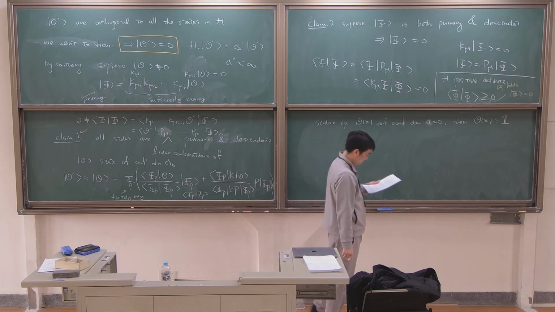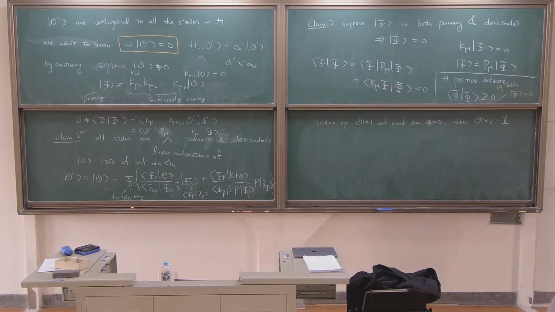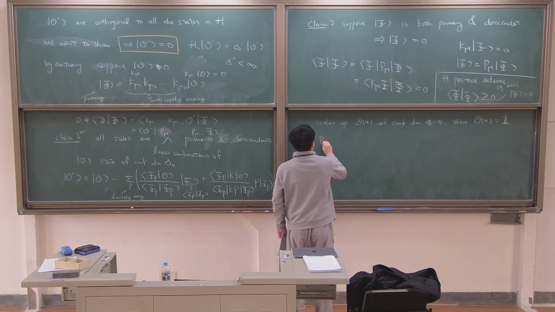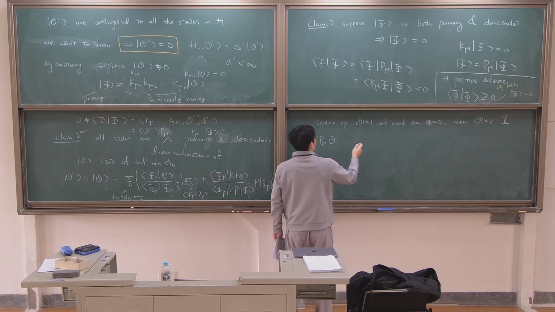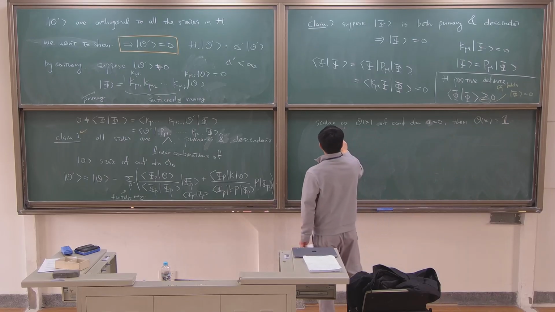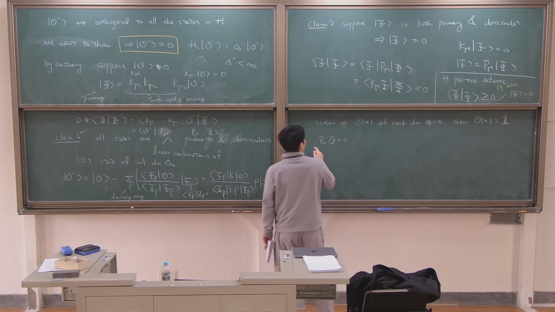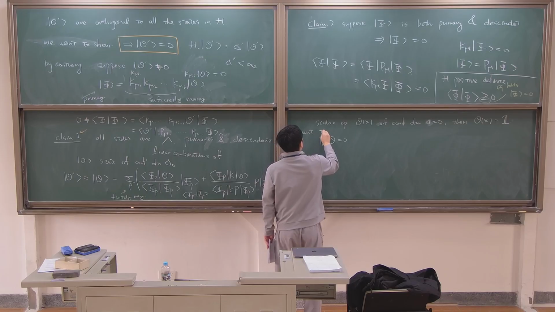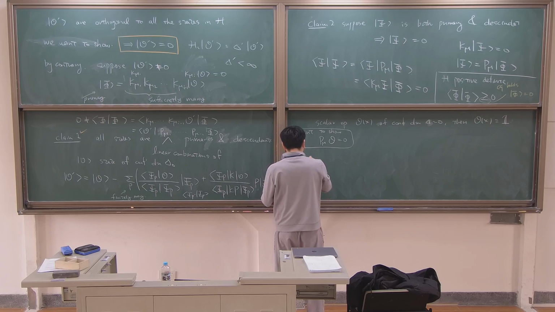What I want to show is that P mu acting on the operator is 0, which means that it's independent of x. So I want to show this one.